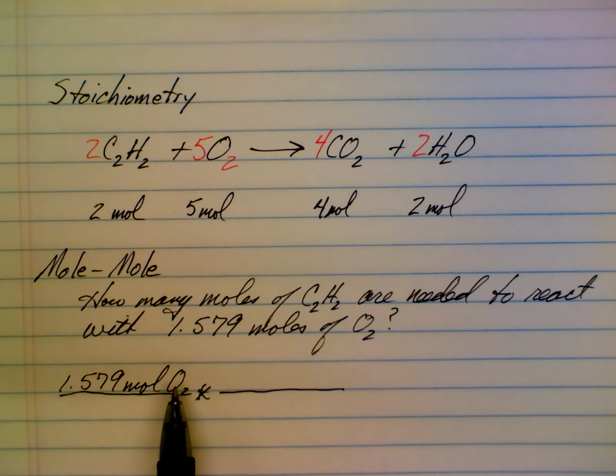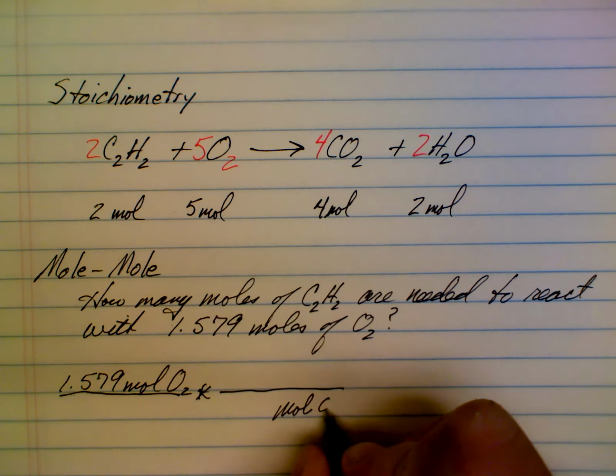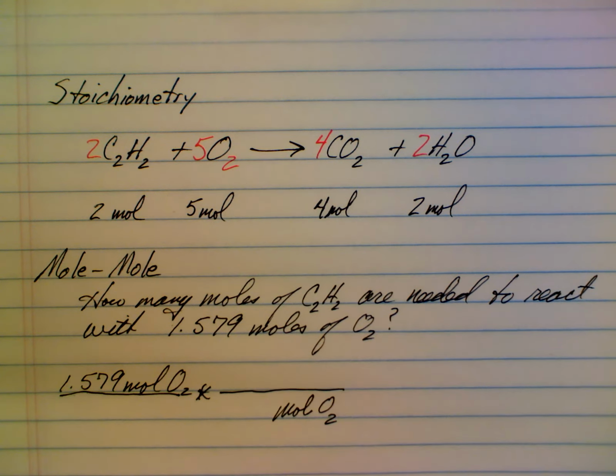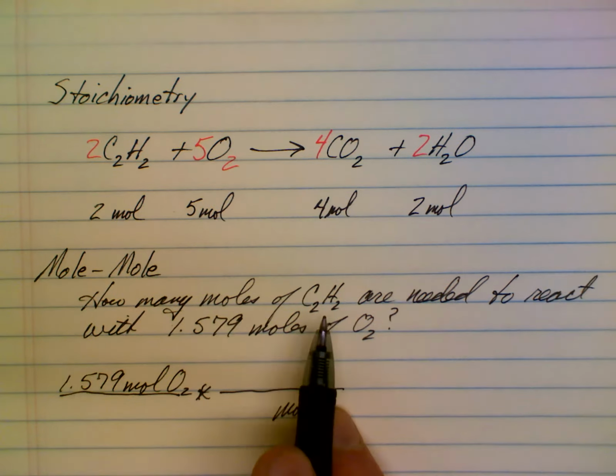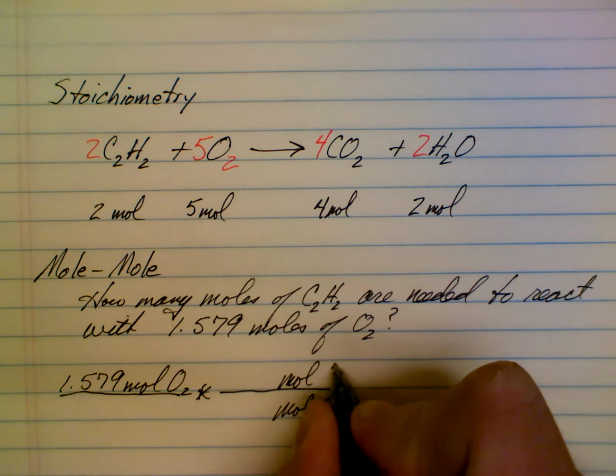We're just going to use unit multipliers to do our calculations. So if we have moles of oxygen in the numerator here, of course, then we're going to need moles of oxygen in the denominator. And we're trying to determine the moles of acetylene. So I'm going to put moles of acetylene in the numerator.